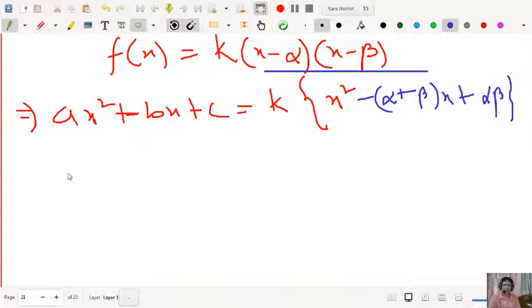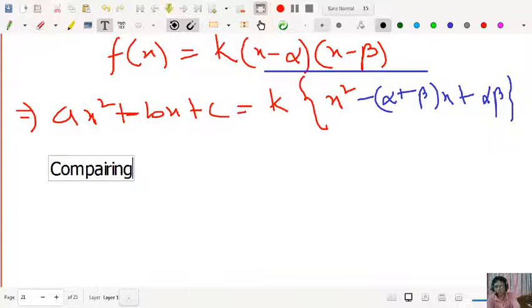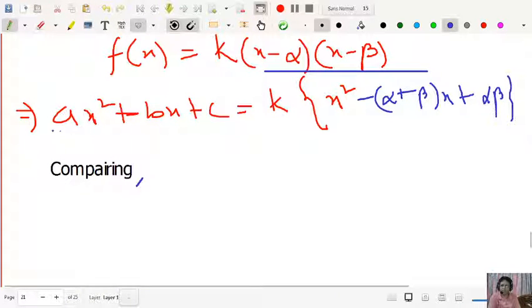Comparing coefficients of like powers of x from both sides. Here you have the coefficient of x square as a, and in this case you have the coefficient of x square as k.